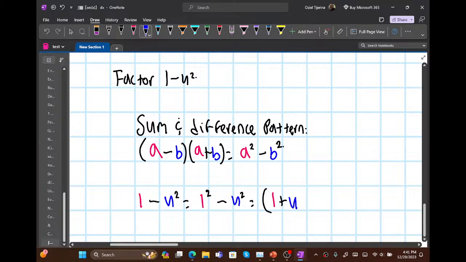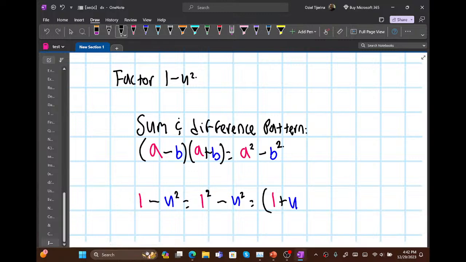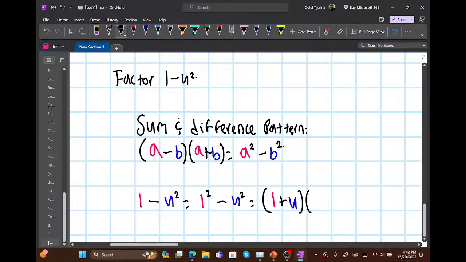Not really calculus, it's just algebra, but we need to do that for our calculus problem. Hold on, guys, I'm sorry. Okay. So again, we're just going to do 1 plus u, 1 minus u.